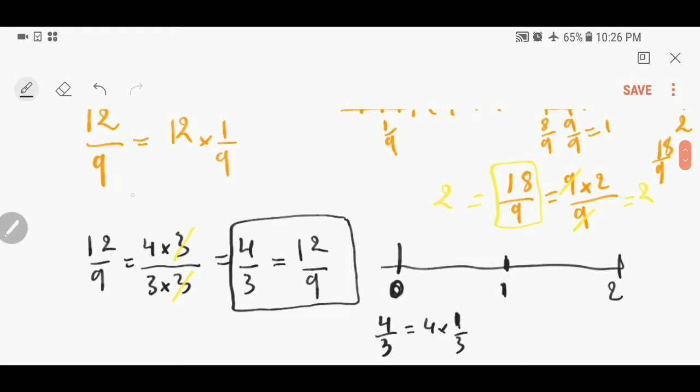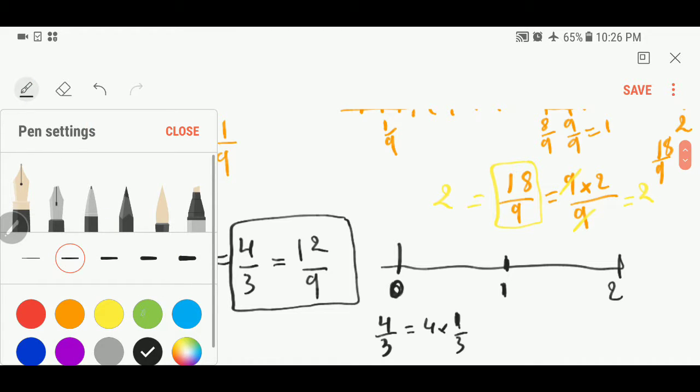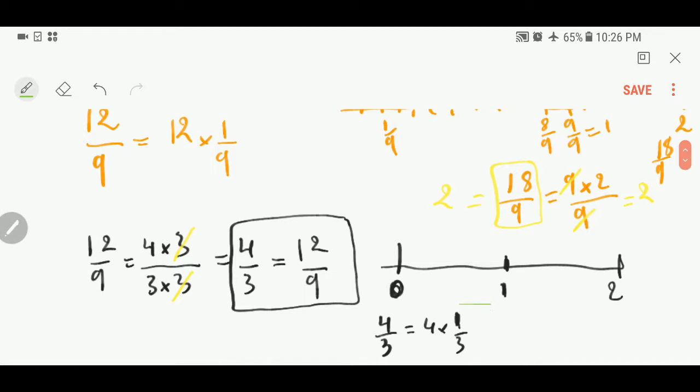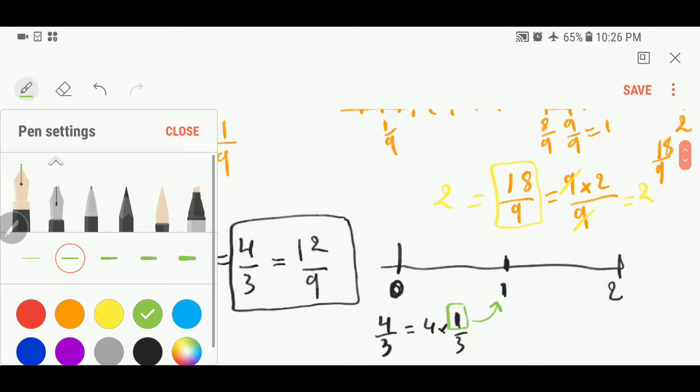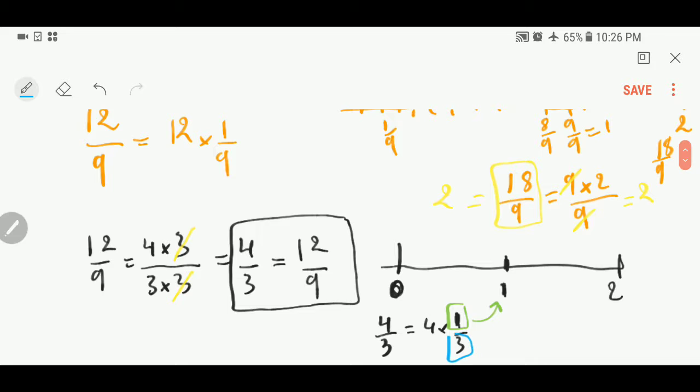This one, I want you to remember this, please. I'm going to do it in a different color so you can remember. This 3 here is related to what you're going to be cutting this line.